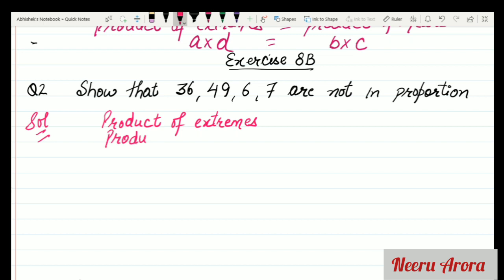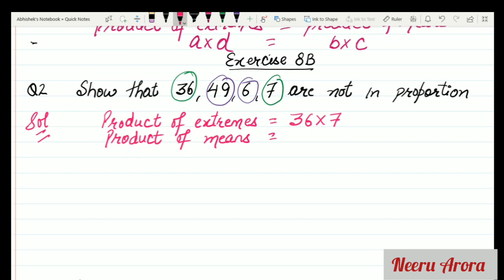If not equal, then these are not in proportion. Here the extreme terms are 36 and 7. Means terms are 49 and 6.